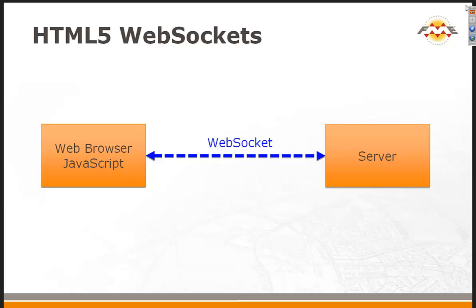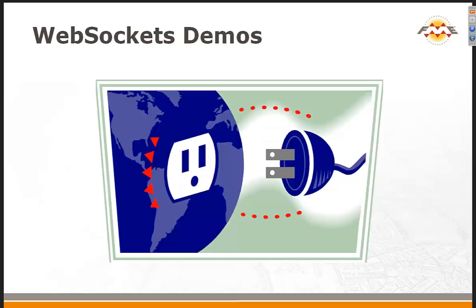It hooks straight up to a socket. The big difference between that and regular HTTP is that you don't have to reestablish the connection. It's continuous. They also have a solution called long polling, but it still has the overhead of HTTP. WebSockets is a pure TCP connection.